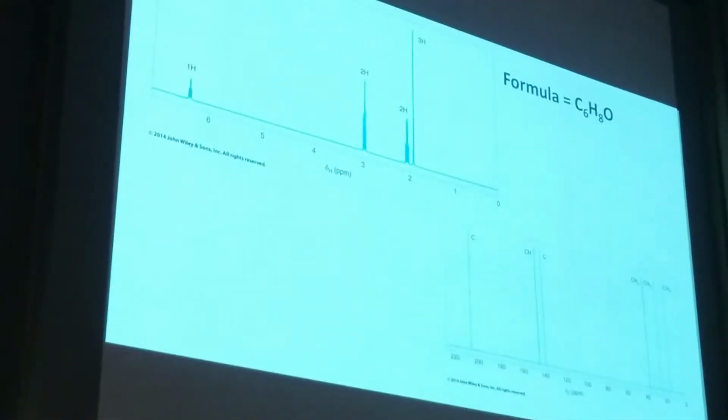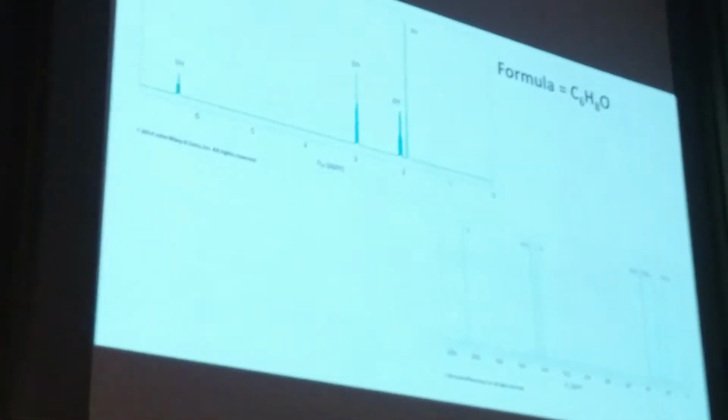Let me switch to a different file. There it is. I've got plenty to choose from. These are from not your book, they're from a different textbook, but they're kind of instructive as to how we go about and solve these problems.